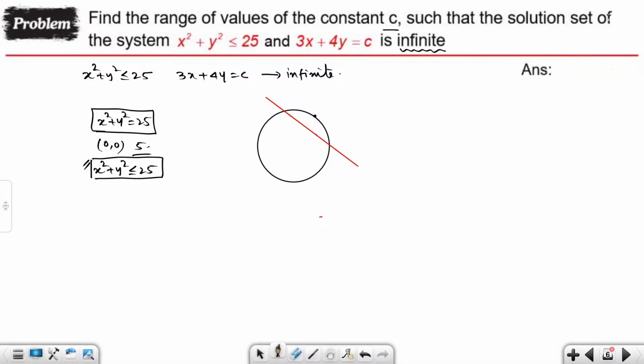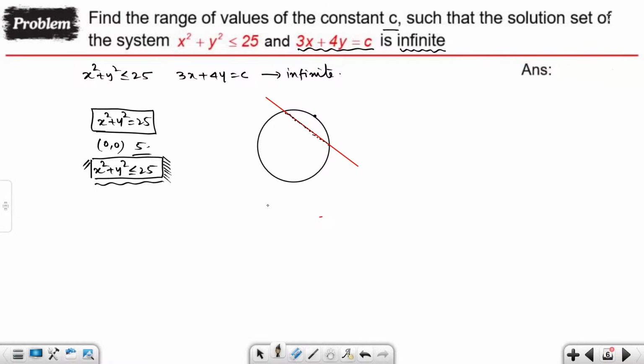Because if this line is a secant, every point on this line, which are infinite points, is going to satisfy the equation of the disk. Because in the disk, your xy is lying inside the circle or on the circle. So if you want to find the common points, the common point is going to satisfy this equation as well as the equation of the disk.